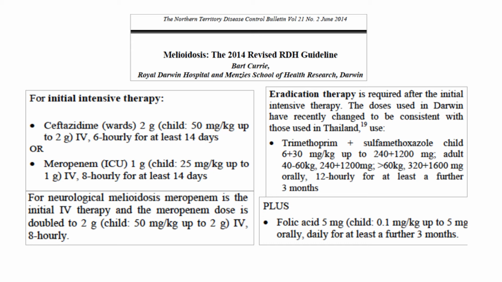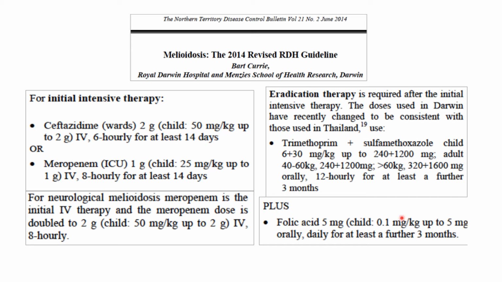Very important to know, if you're dealing with neurological melioidosis, or if your index of suspicion is high for neurological melioidosis, please start off using a carbapenem, meropenem, upfront, and the dose is usually doubled to 2 grams given 8 hourly in a day.